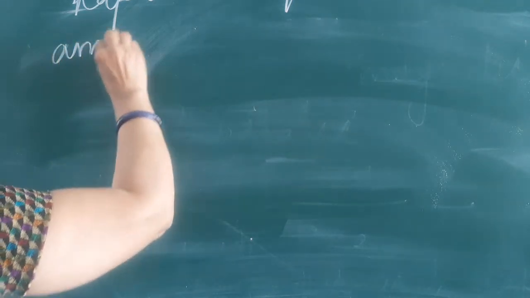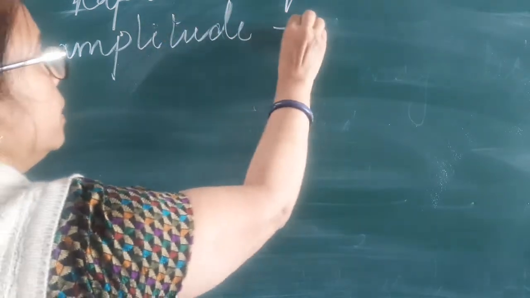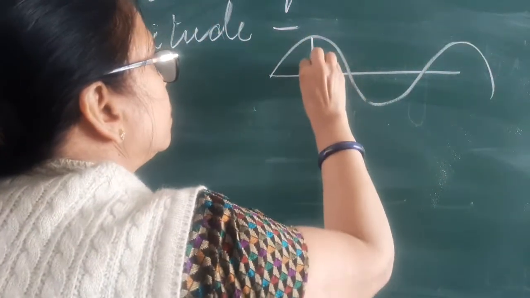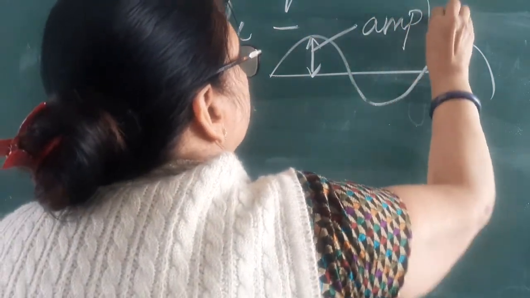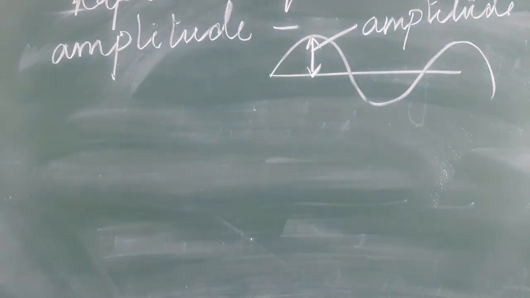Now children, what is amplitude? Suppose this is a wire which is moving, so this distance is known as amplitude. It is the maximum distance to which a vibrating object moves from its central position.